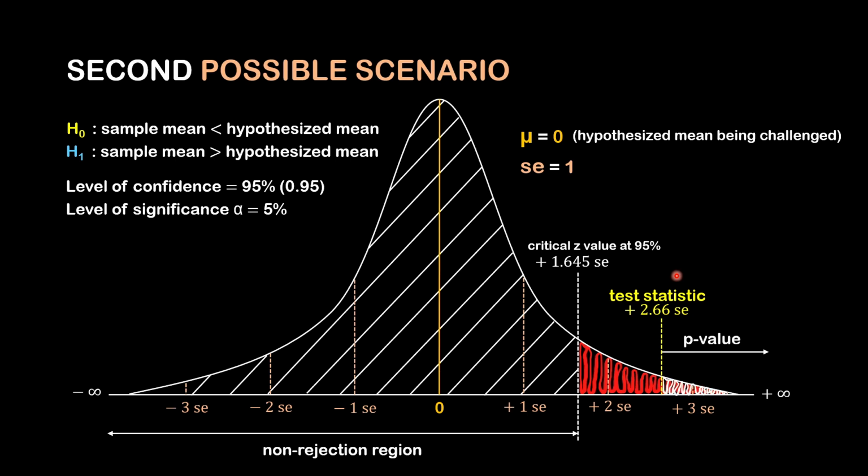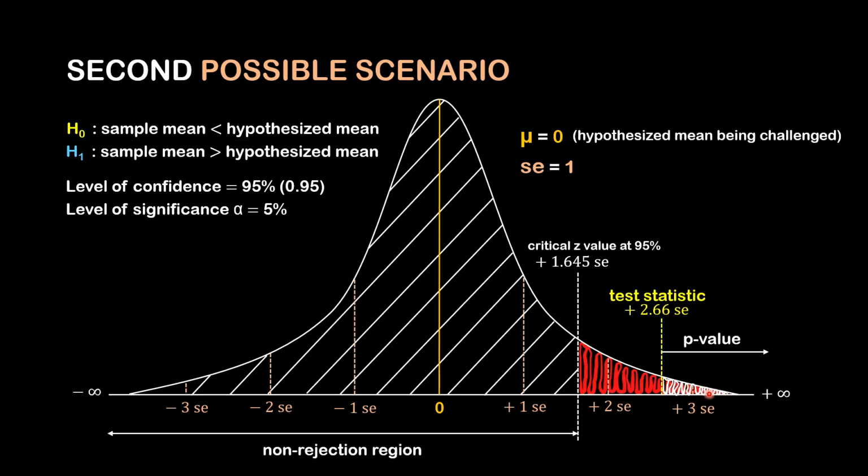And the p-value is, again, the probability of observing a test statistic as extreme or more extreme than the one observed. In this case, it's the probability of observing a test statistic as big or bigger than 2.66 standard errors. It's the area under the curve to the right of the test statistic.